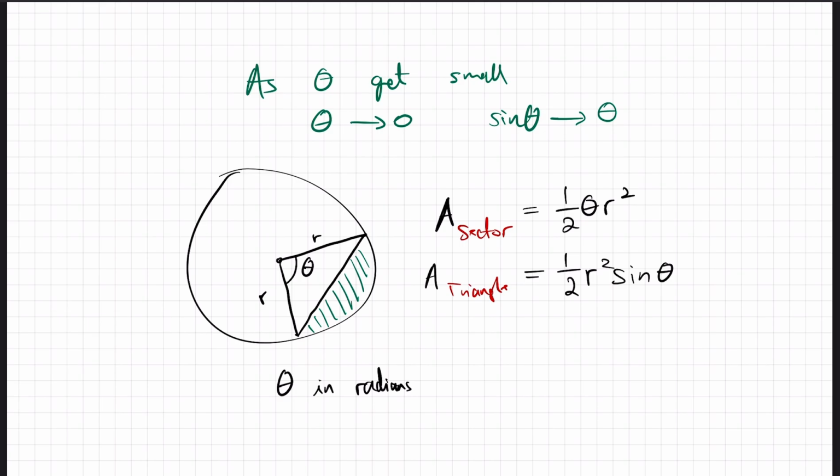To work out the area of the shaded portion, we just have to subtract the area of the triangle from the area of the sector. So it's 1/2 r squared theta minus 1/2 r squared sine theta.